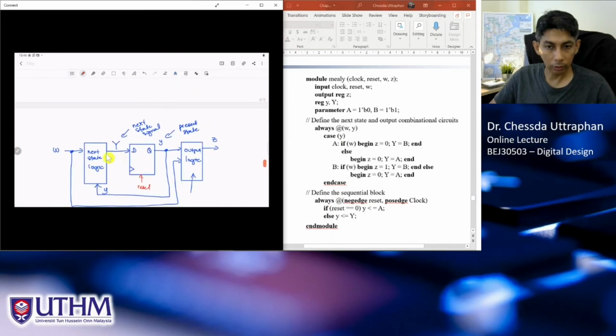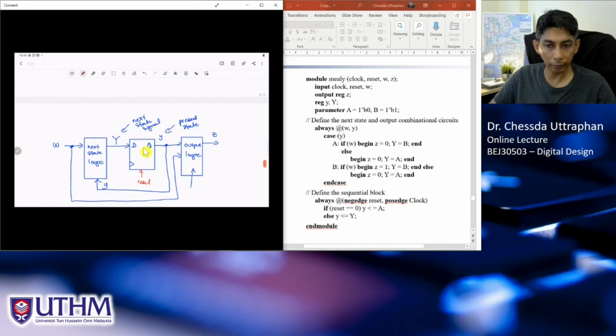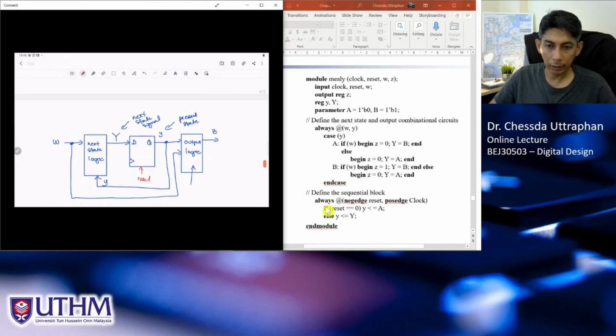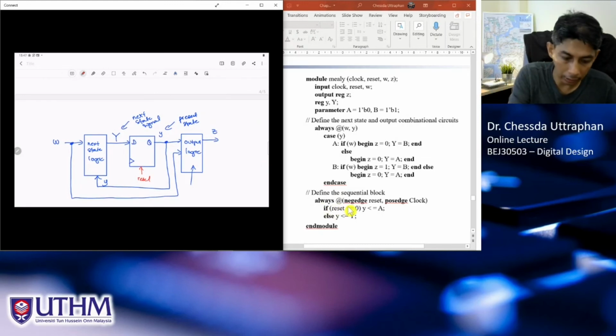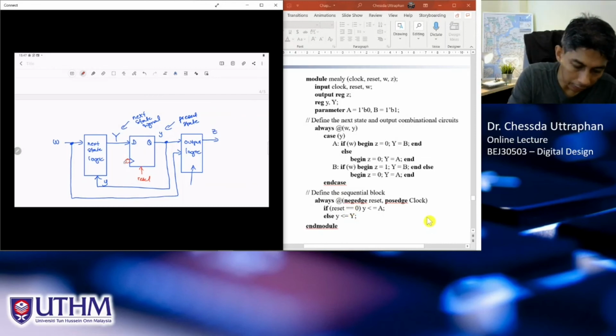Right? And done for these two. We can generate Z and Y already. Now we need to describe these flip-flops. To describe this flip-flop is easy, straightforward. So this one is negative edge. Oh, sorry. The negative is the reset.